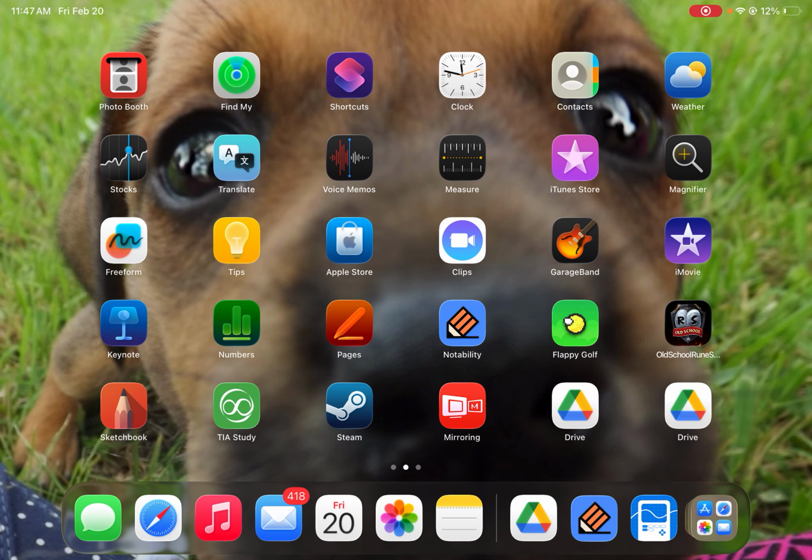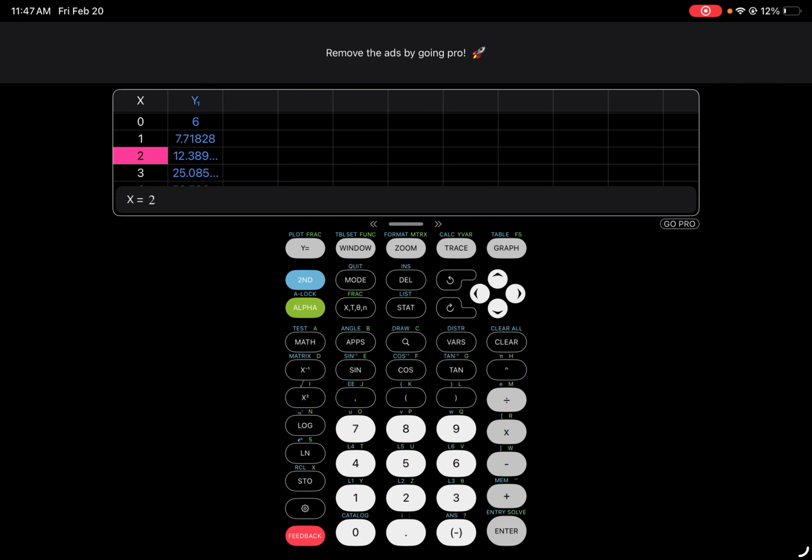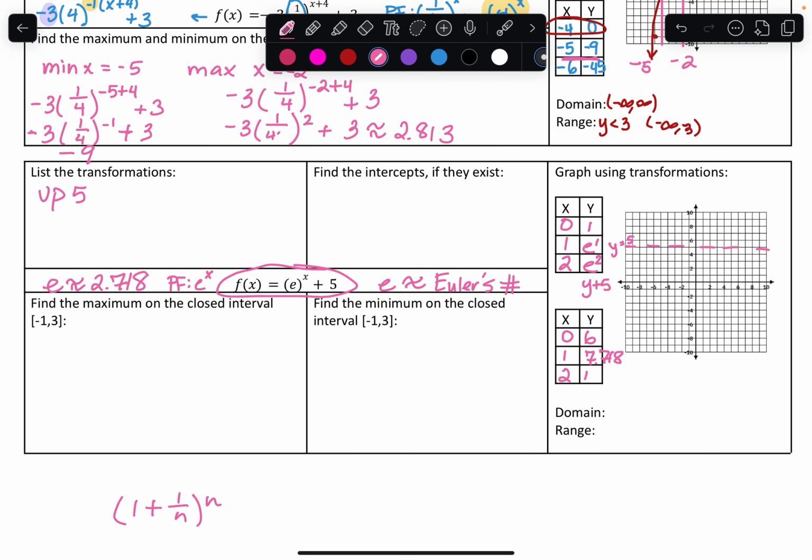And we're just going to round to 3 decimal places. And then at 2, we have 12.389 approximately. And if it doesn't fit, just let it determine the direction the graph is going.